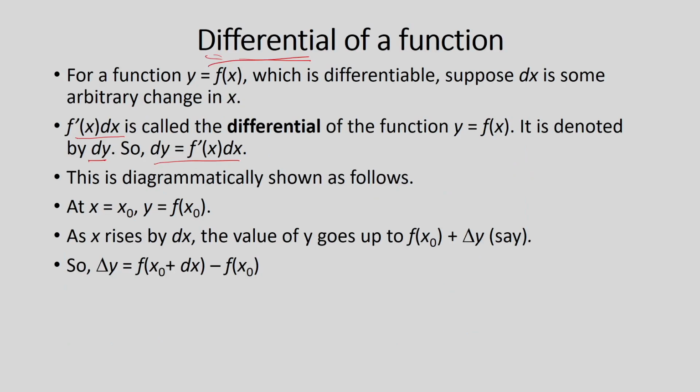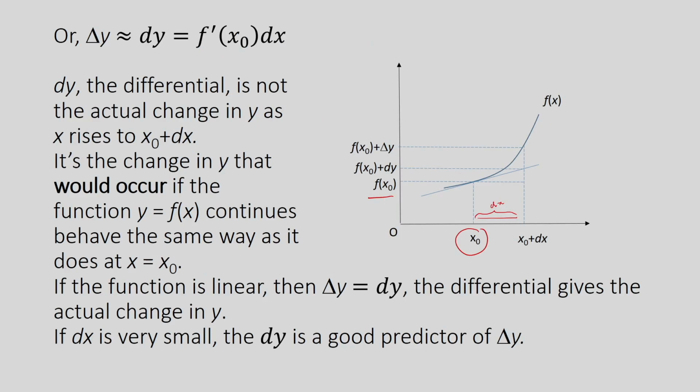As x rises by dx, the value of y goes up to f(x0) plus delta y. So, suppose delta y is the change. So, here you have that value of x0 plus dx, corresponding value of y is this value. So, the value of the function has gone up. So, change in the value of y is denoted by delta y.